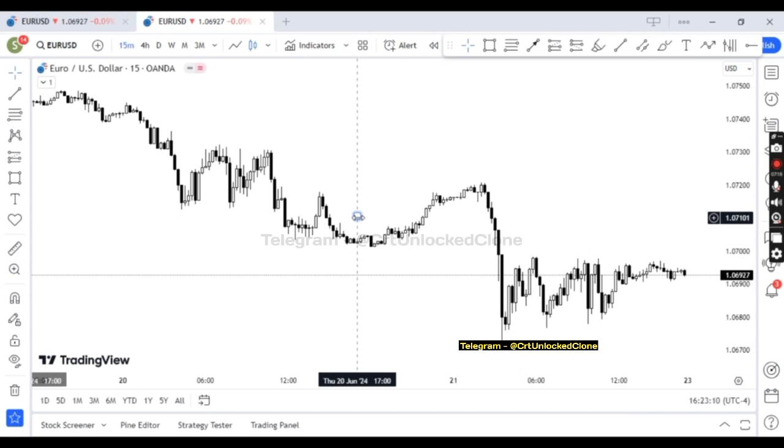With that fact in mind, you can straight away expect a ranging profile, and as I said before, after a ranging profile, the only two possible outcomes price can have are either a manipulation profile or an expansion profile, right? Then you can integrate these market profiles and opening times with other concepts such as the key levels concept and CRT, and then you can position yourself towards your drawn liquidity, right?